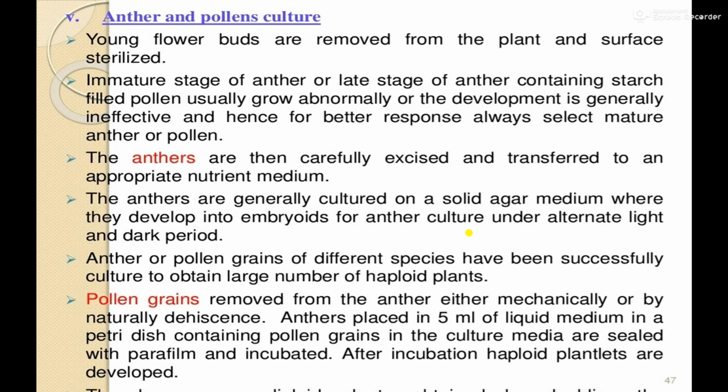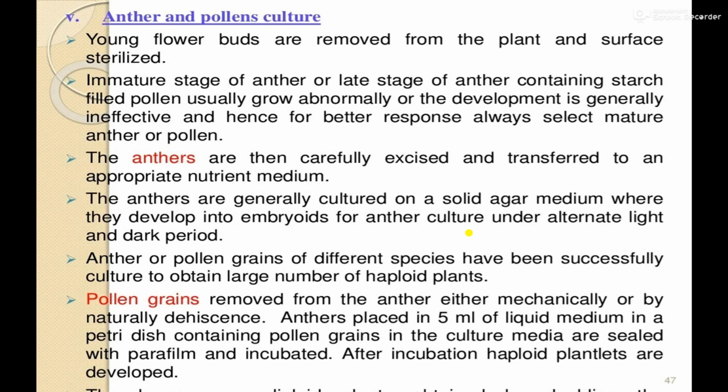The anthers are generally cultured on a solid agar medium where they develop into embryos or another culture under alternate light and dark period. Anther or pollen grains of different species have been successfully cultured to obtain a large number of haploid plants.